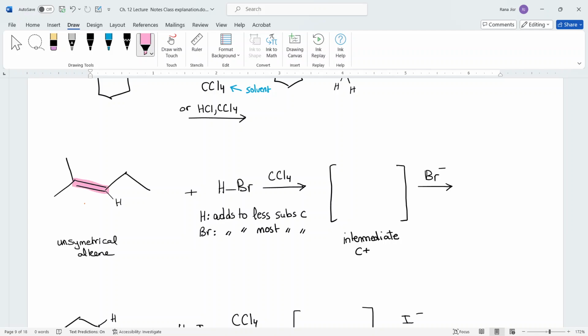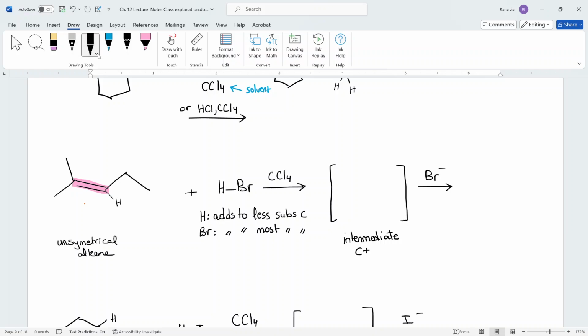I always like to highlight my alkene. This is a tri-substituted alkene, but since I am adding on that double bond, because this is my functional group, and the functional group is the reactive part of the molecule, I'm expecting any addition to be on that double bond. Then hydrogen and the bromine will follow Markovnikov and will add to the less substituted and the most substituted.